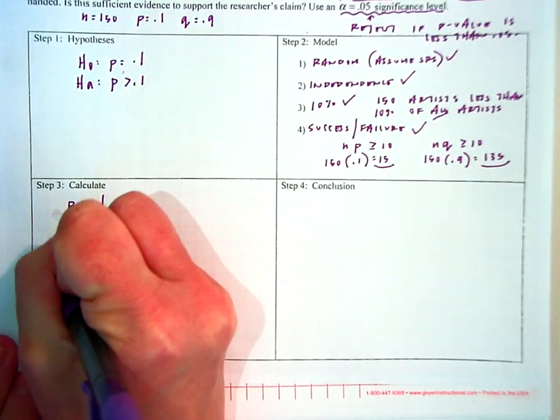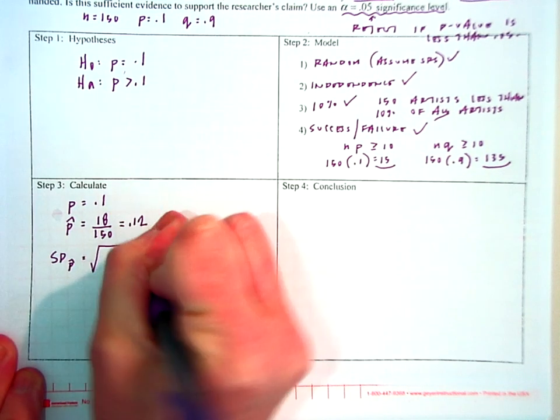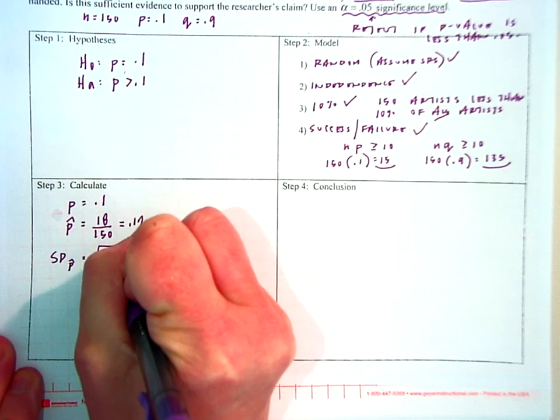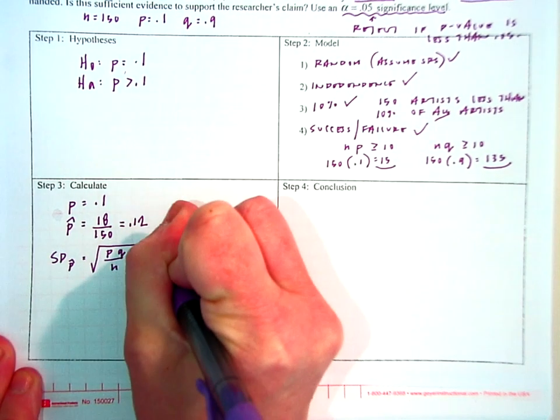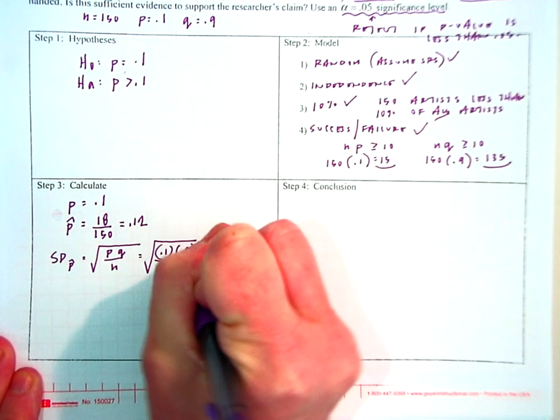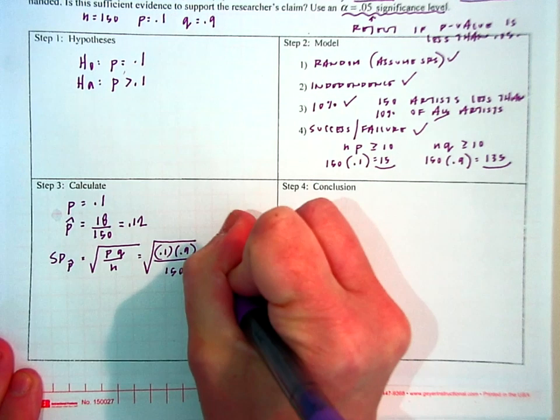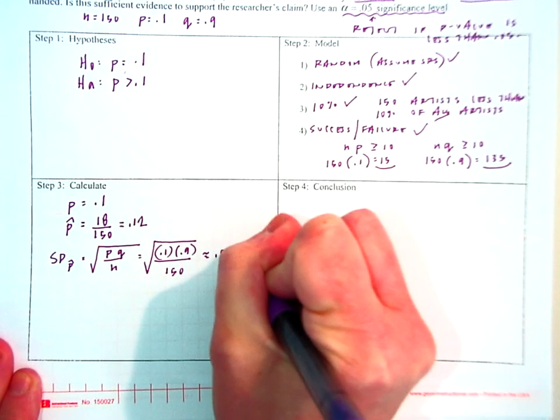Okay, our standard deviation, we're looking at the square root of pq over n, so 0.1 times 0.9 over 150. Okay, so that's going to get us about 0.0245.